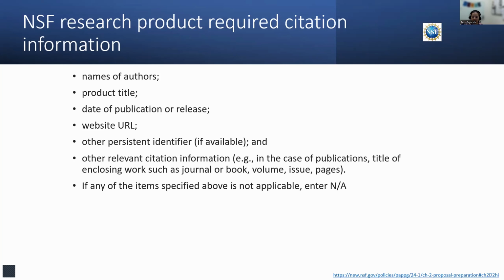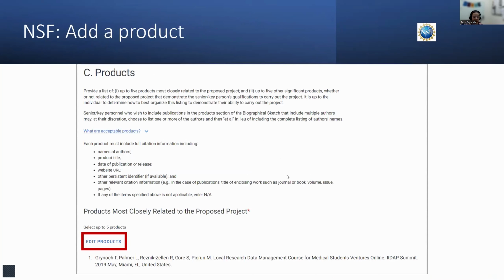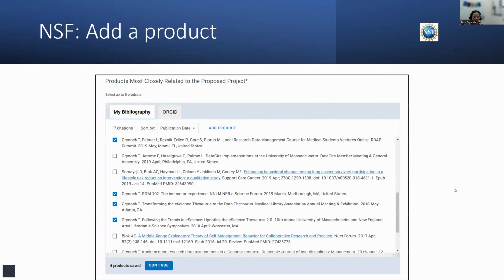And to add products, similar to the other sections of the NSF Biosketch, you will click on Edit Products, and then it will bring you to the option to be able to add products using My Bibliography or ORCID by checking off the box that's next to them and then pressing Continue.